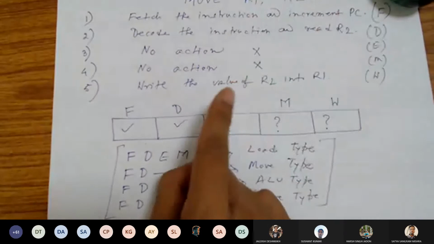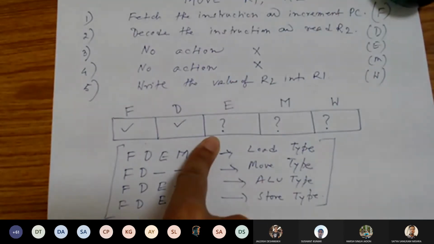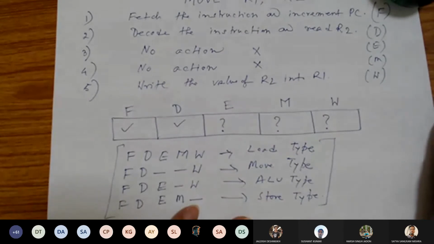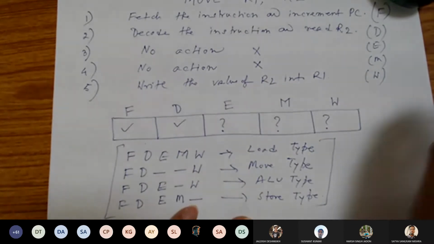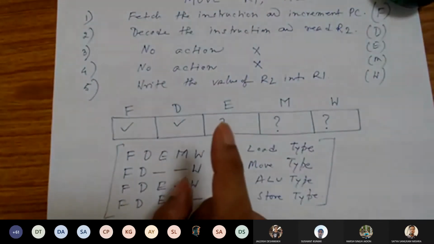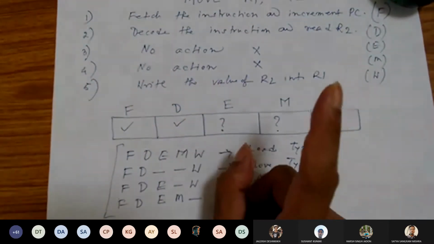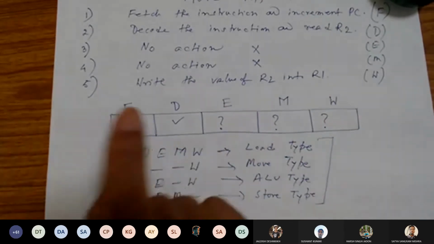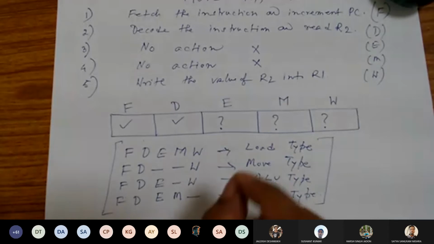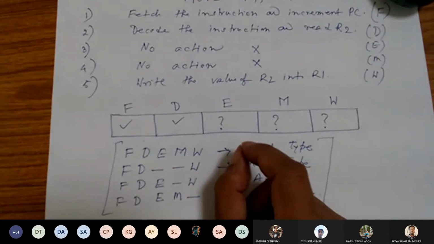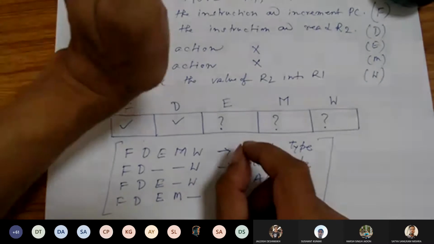You also require temporary registers within the processor which are not accessible by the programmer, but as a designer you need to include them. Those are not directly accessible through programming, but they are needed to perform the task. That's why register transfer is the most important component inside the processor other than the control unit.